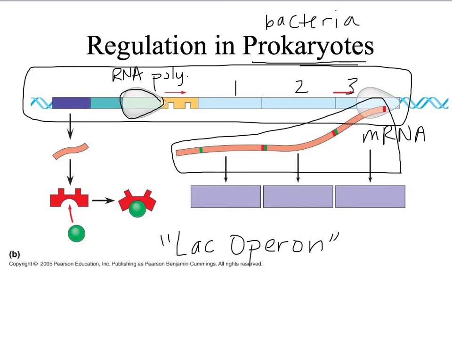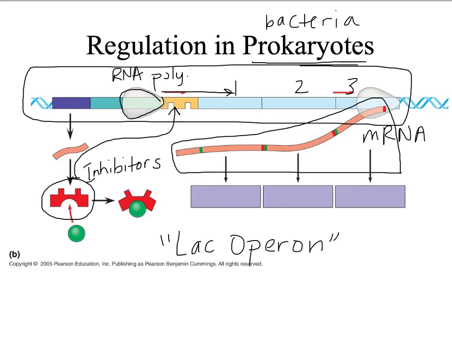So this is a transcription example, of these three genes. In order for transcription to take place, remember this RNA polymerase has to cruise down the DNA, and as it does, it's going to copy one side of the DNA and turn it into the mRNA. So what happens is bacteria in normal circumstances, in its normal environment, has these red repressors around, or inhibitors. And as you can see, these inhibitors fit right there.